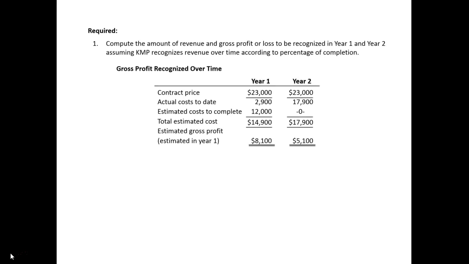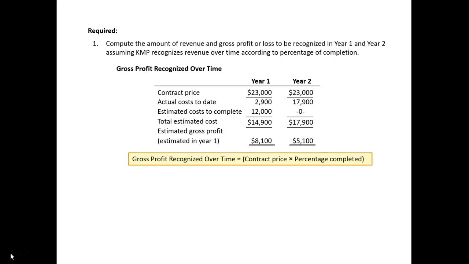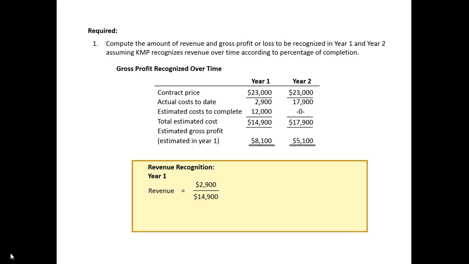Now, the gross profit to be recognized over time would equal the contract price times the percent completed. As you see here, $2,900 of actual cost to date divided by expected cost of $14,900. So in this case, we would take that percent, or 19.46%, times the sale price in order to compute the gross profit.